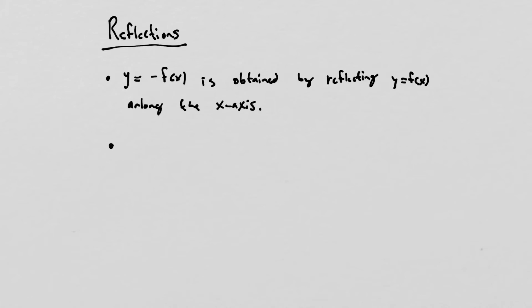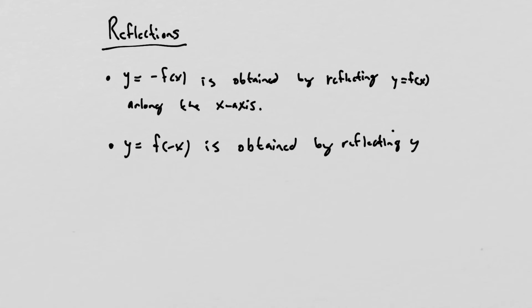And in the same vein, to reflect the function along the y-axis, we're just going to do the following. Given y is equal to f of negative x, this is going to be obtained by reflecting the graph of the function y is equal to f of x along the y-axis.